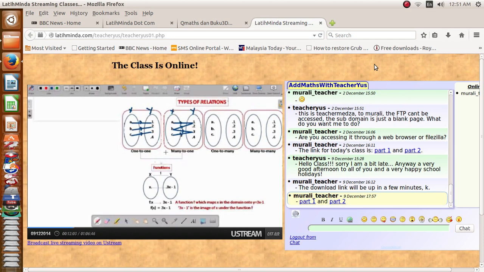If we write many to one in ordered pairs, let me write here.